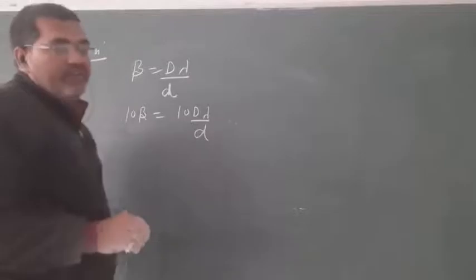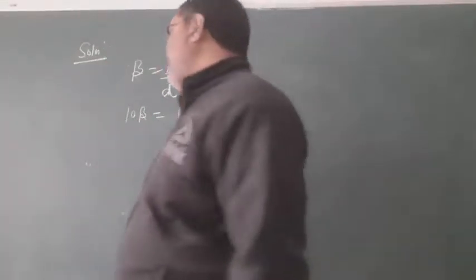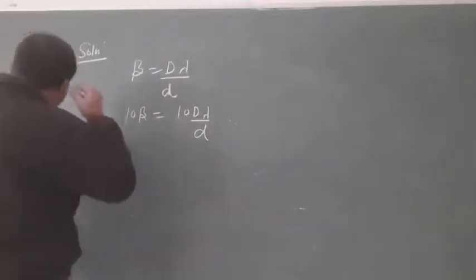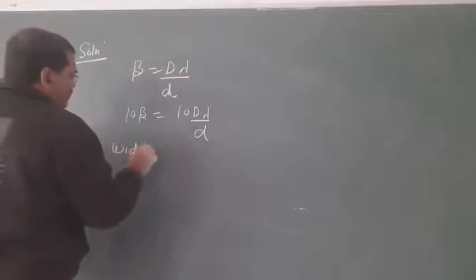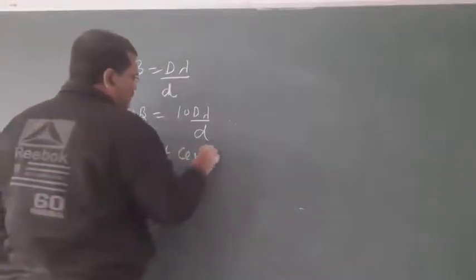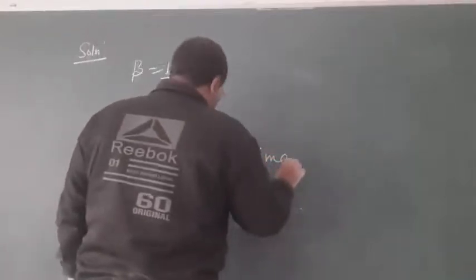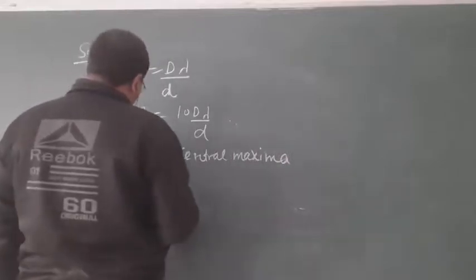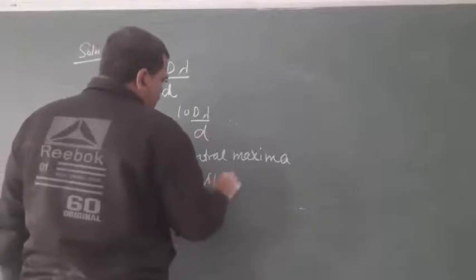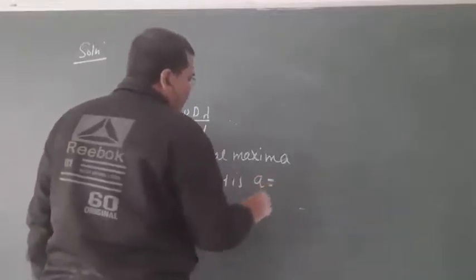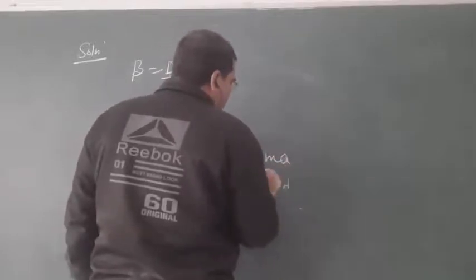And let the aperture of the diffraction pattern be a, which is the opening of the single slit. So the width of the central maximum in a single slit is 2 D lambda by a.